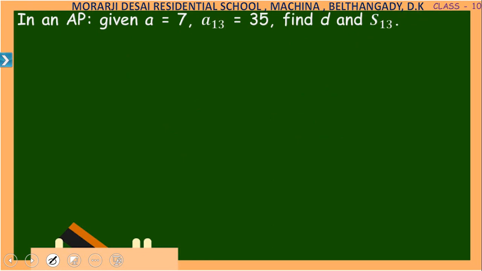Look at the next question. In an AP given a is equal to 7, a13 is equal to 35, then you have to find d and S13. First write what is given.